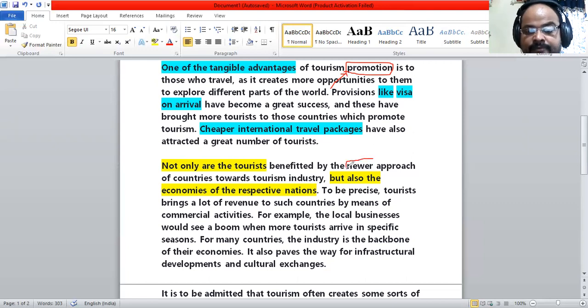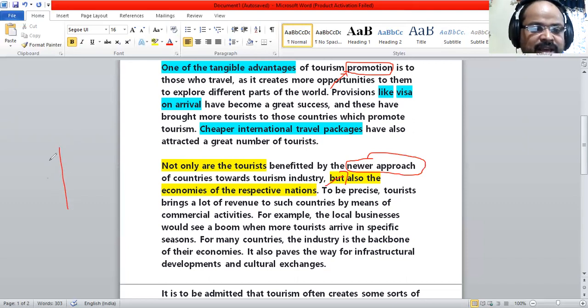Here again, I have written newer approach. We are not just concentrating on tourism. We are focusing on the core word, increasing tourists. So you can see in the question that it is not dealing with tourism actually.